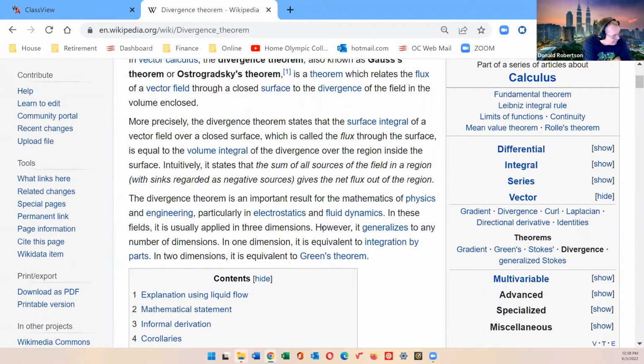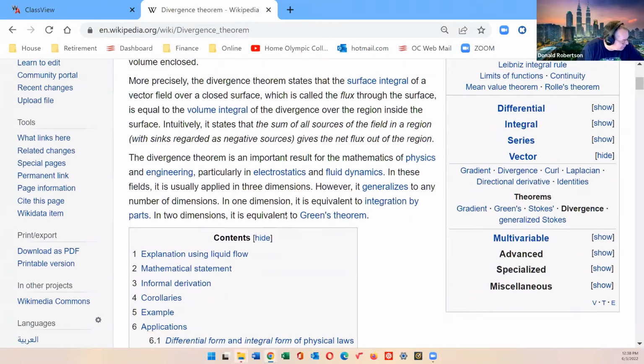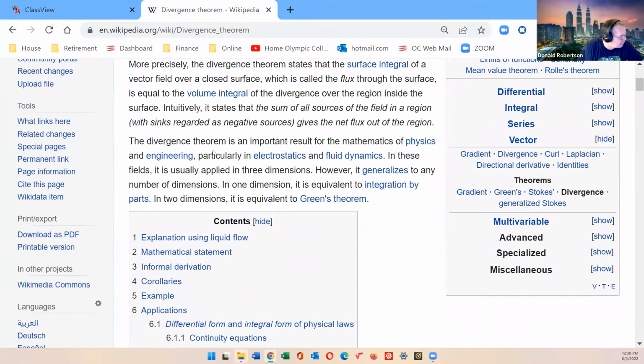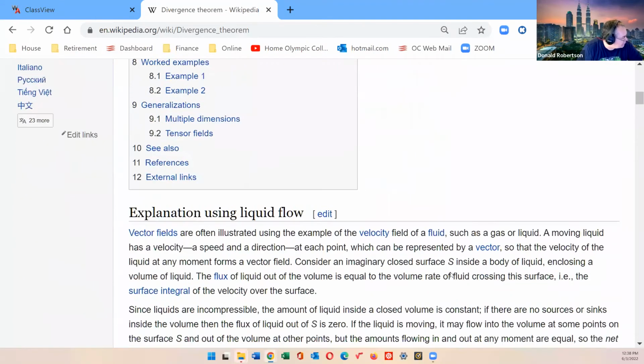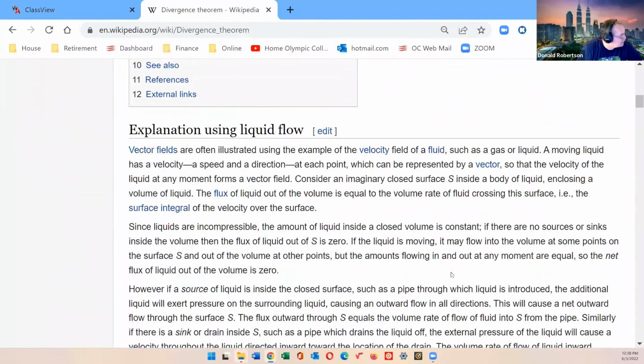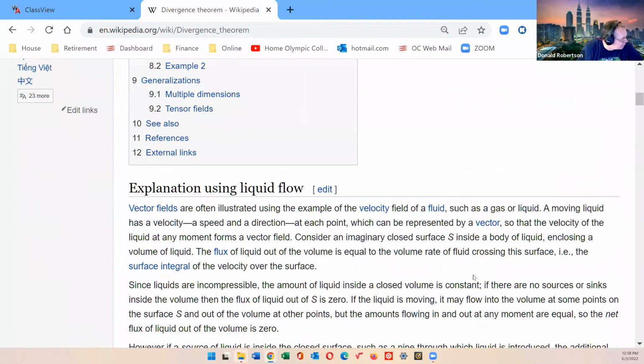The divergence theorem is an important result for mathematics of physics and engineering, in particular electrostatics and fluid dynamics. In these fields, it's usually applied in 3 dimensions, but it can be generalized to any number of dimensions that you want. And then it goes on to stuff I'm really not interested in.